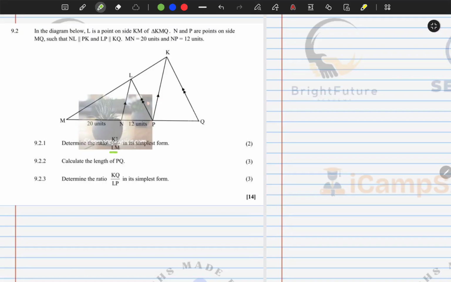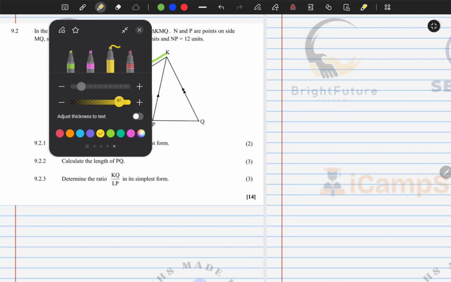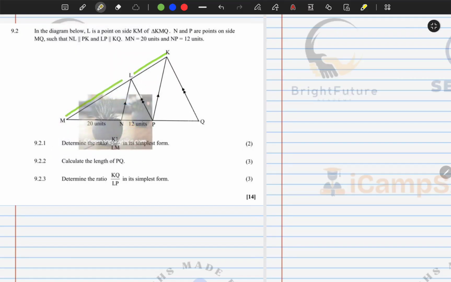Determine the ratio of KL over LM. So KL, which is just AK, over LM, which is just over that. That should be very simple for us to do because the other side has sides that have been split by a parallel line.